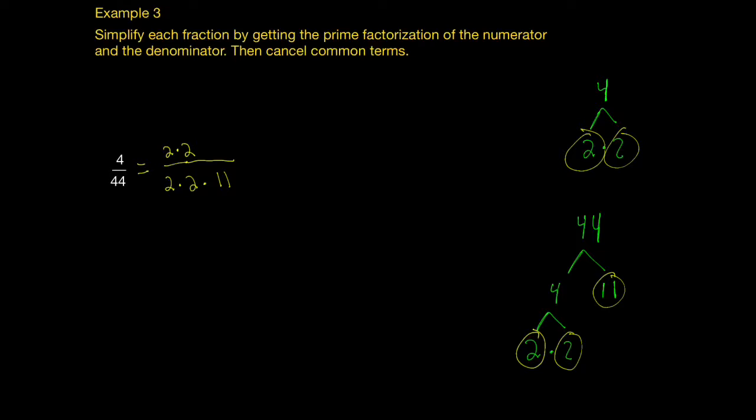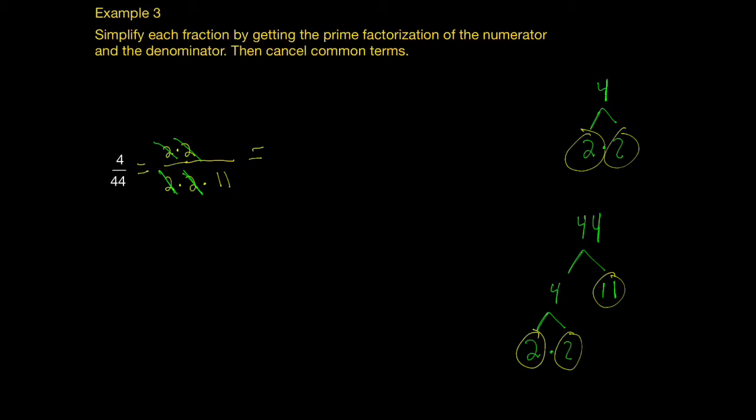And now I'm going to follow this part right here. I'm going to cancel common terms. So here I have a 2 that's common on the numerator and the denominator. I'm going to go ahead and cross those out. So these 2's are common, so I can cancel them out. And I have another 2 in common, so I'm going to cancel that one out with this one.